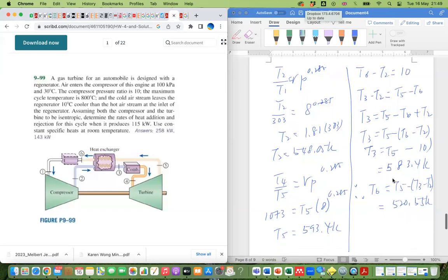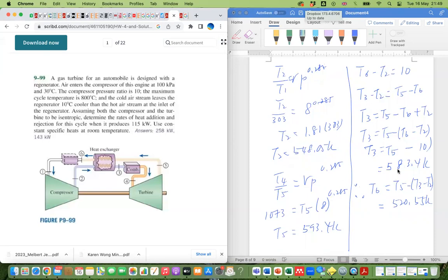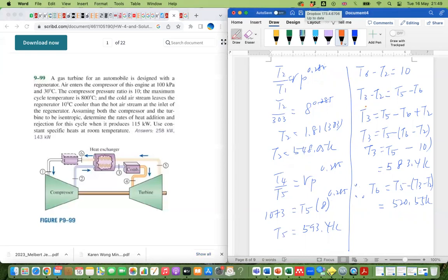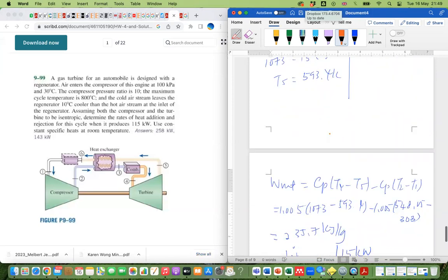And I have my T3. Since you have your T3, and then you have your T5, and then you have your T2, you're able to get your T6. Okay, check it out later.